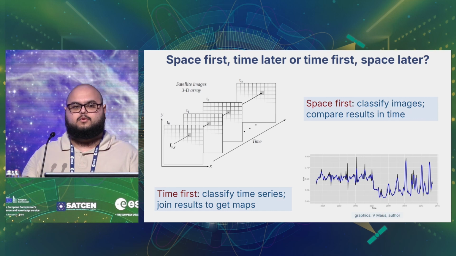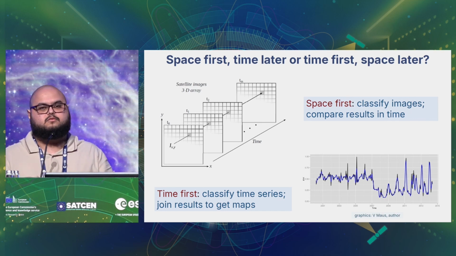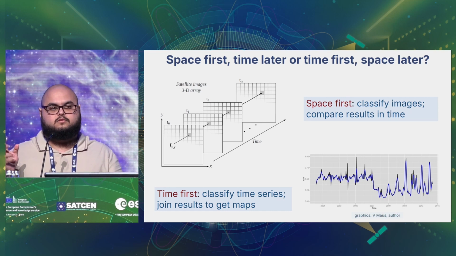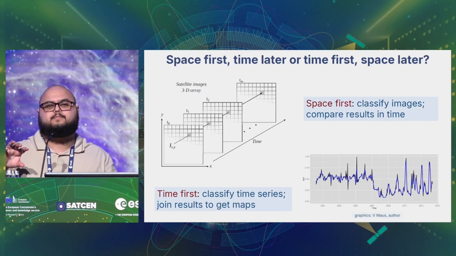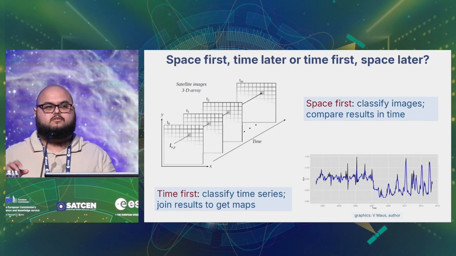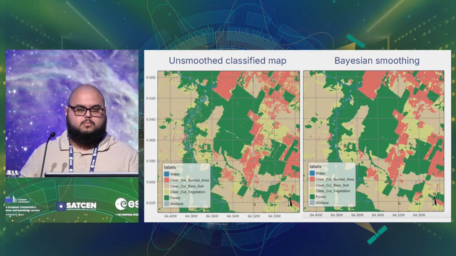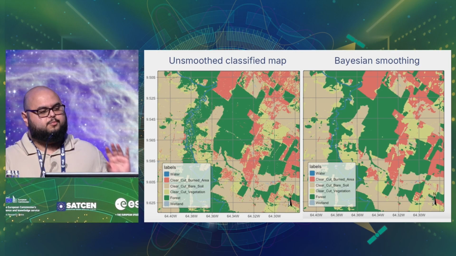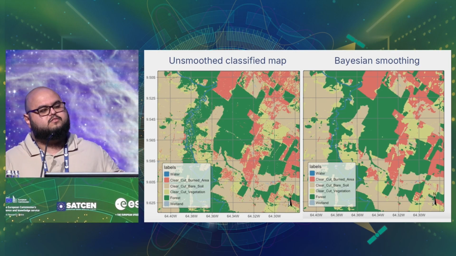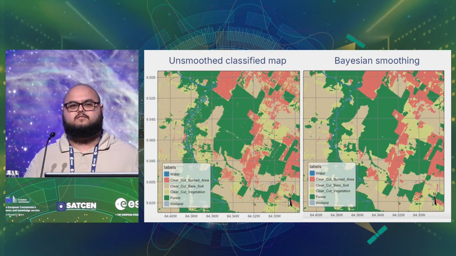Afterwards, we use methods like smoothing to consider the spatial context and enhance the final classification. When we use this method, we produce what we have on the left side, this unsmoothed classified map.